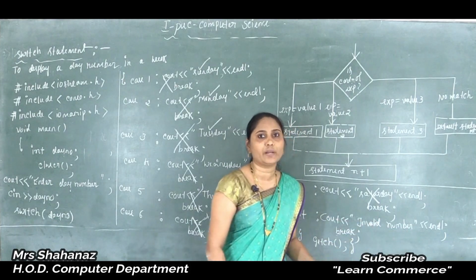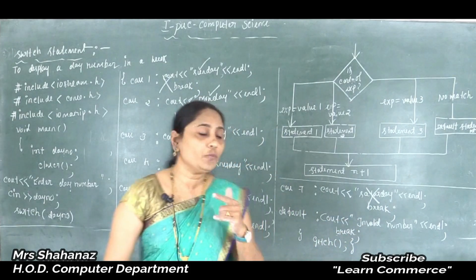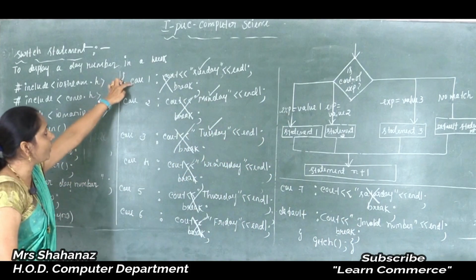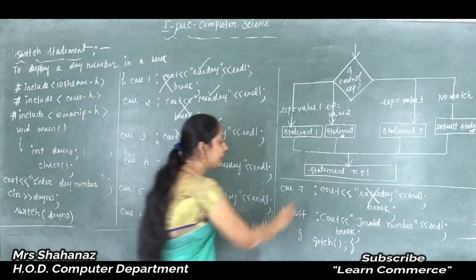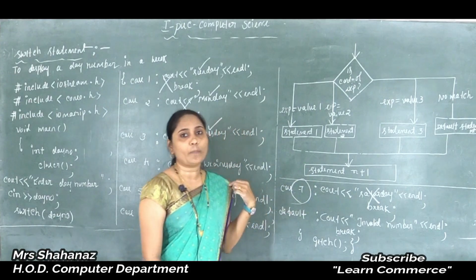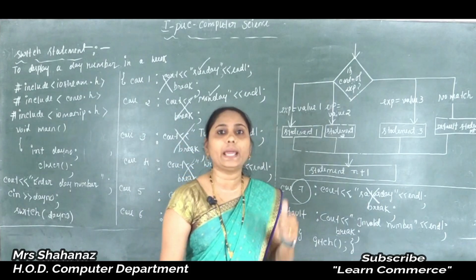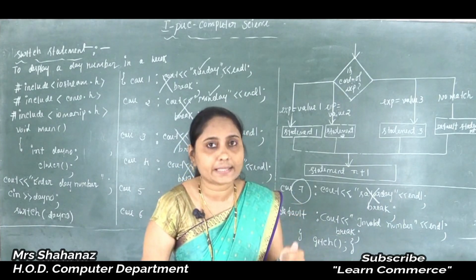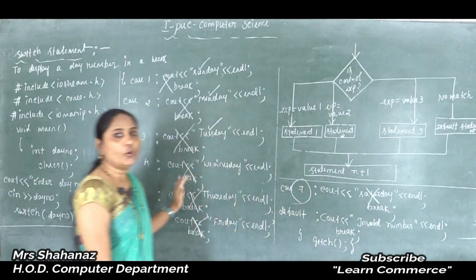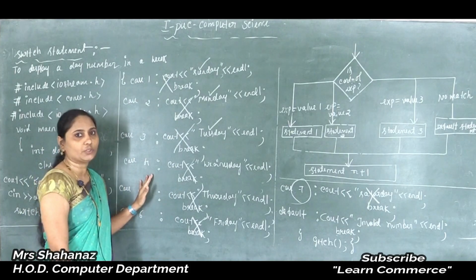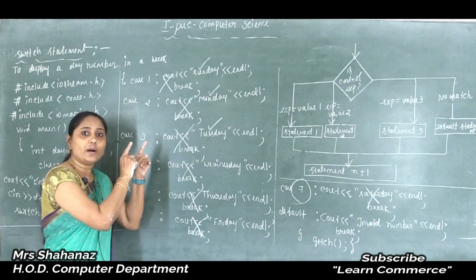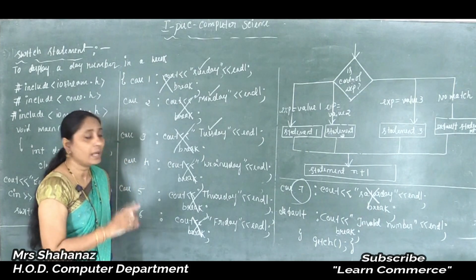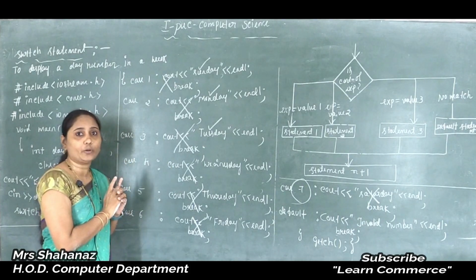That means such a number is not going to match. If you are using the numbers 2, 3, 4, 5, 6 and 7, up to 7 it is going to match. But if you are using the number 8, that means it is not going to match the day number value. If you are using the numbers 1 to 7, then sure, one of these statements is going to execute.